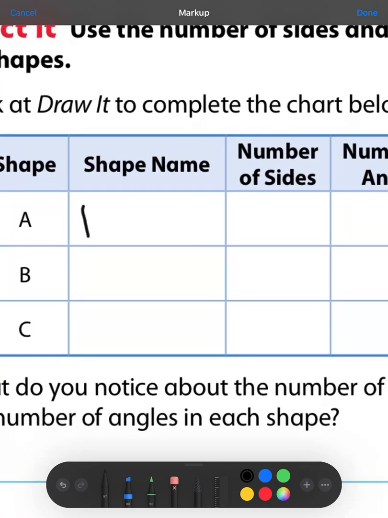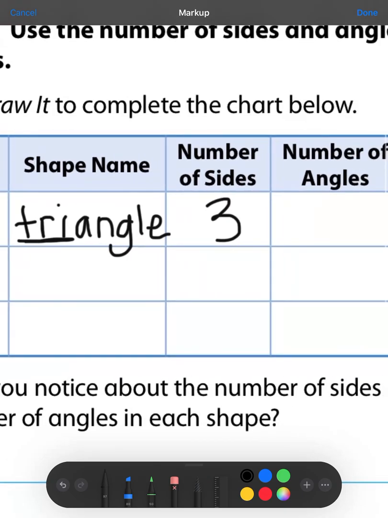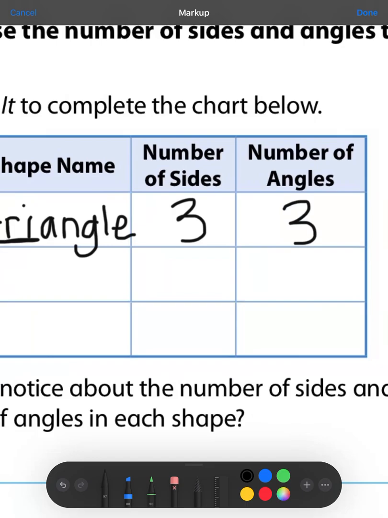Let's zoom in here. Triangle. Number of sides. How many sides does a triangle have? Remember, tri tells us that there are 3 sides and 3 angles.